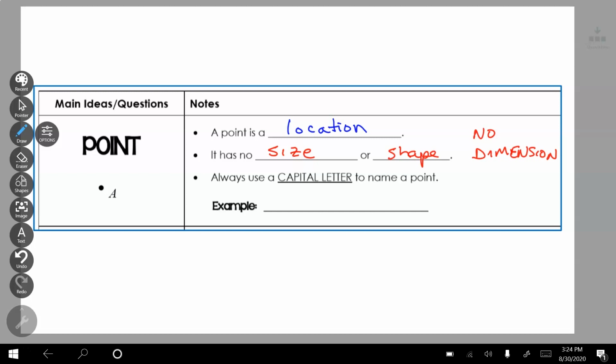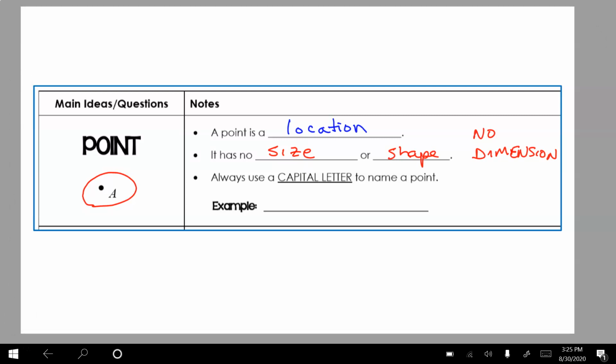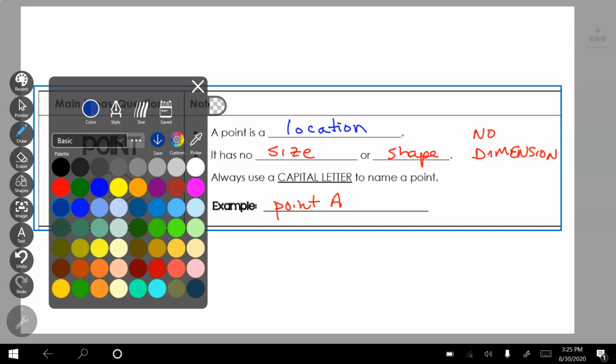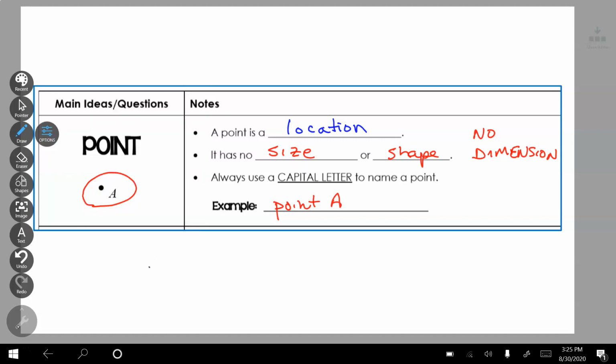Now we make it a big dot like this, so we can actually see it when we do math or geometry, but technically a dot is non-dimensional. Our notation for a point is a capital letter. So in this example, this is point A. I could draw another over here, and that would be point B, and so on and so forth.